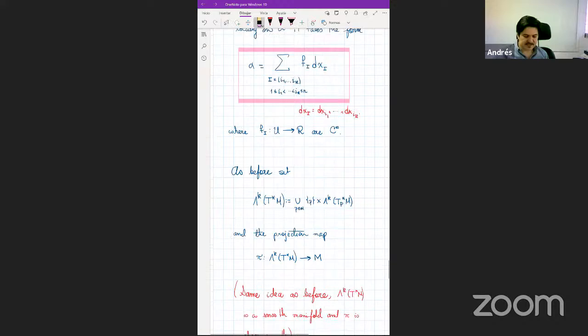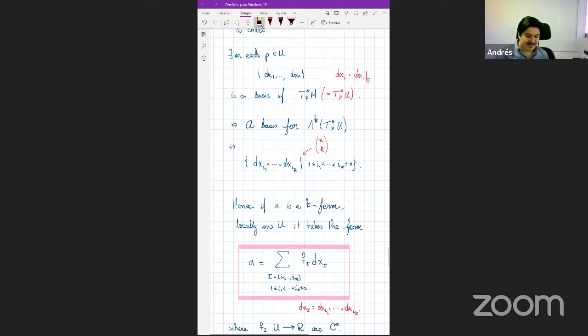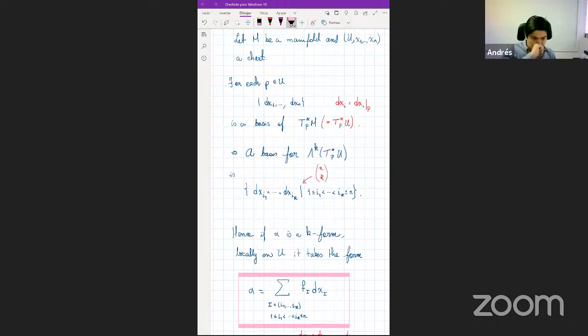The whole idea is that we already know that's a basis, and that helps us to create this basis, and as a consequence, we have a description of k-forms. That's why we stick with 1 forms. They are like the building blocks, and then we constructed the rest.